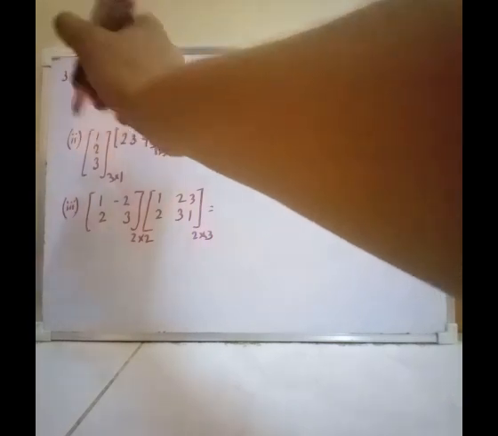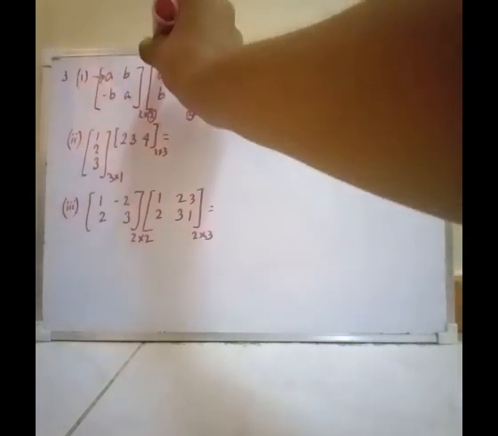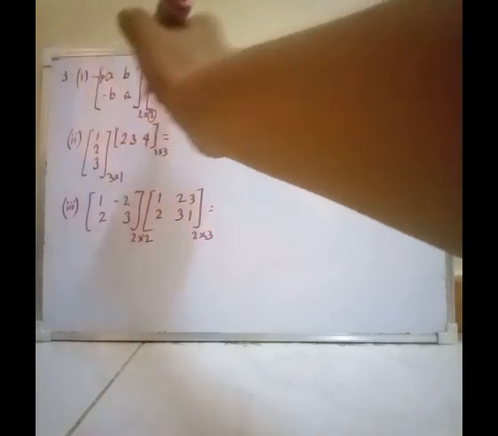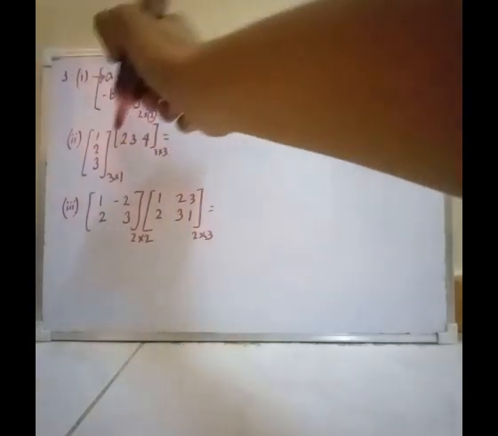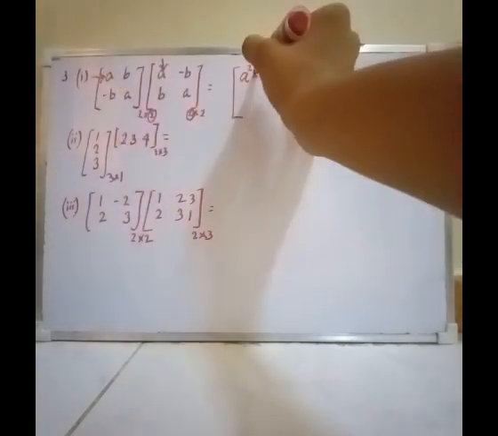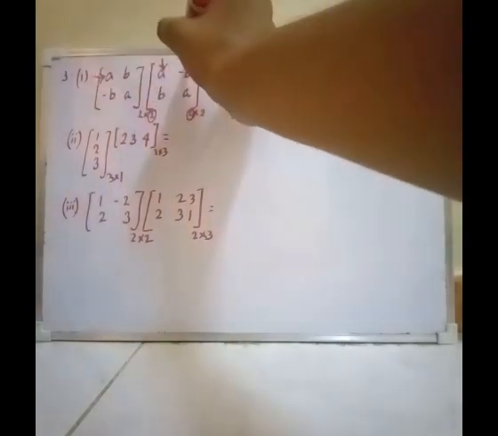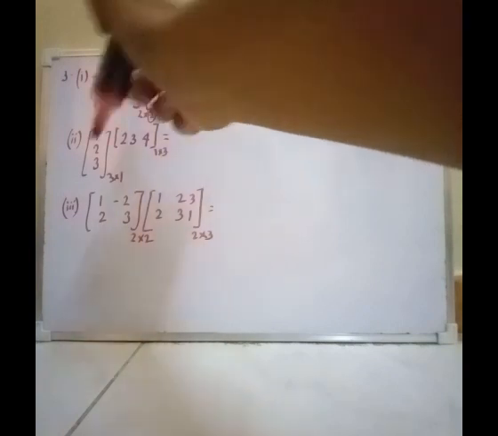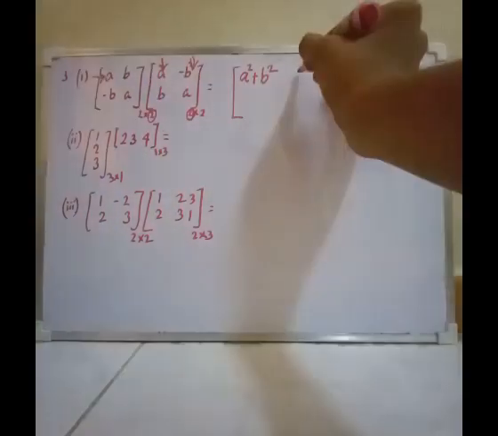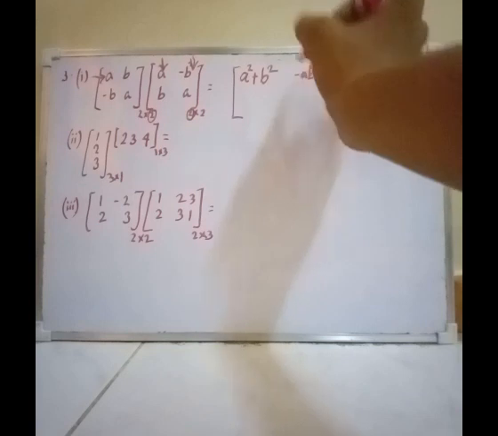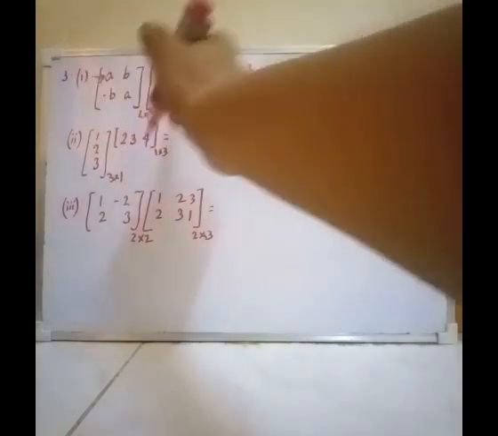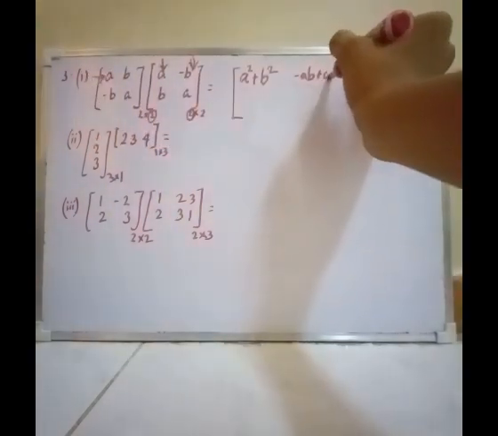So A times A, first row with first column, would be A squared, and B times B would be B squared, right? Now first row with the second column, A times minus B would be minus AB and B times A would be plus AB.